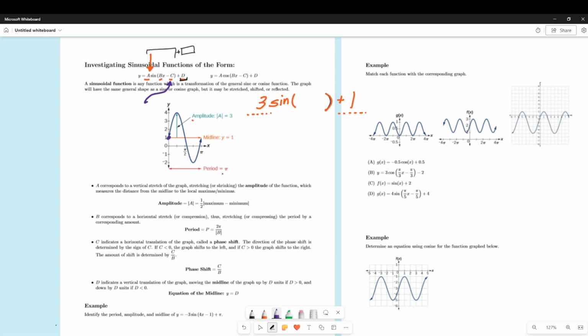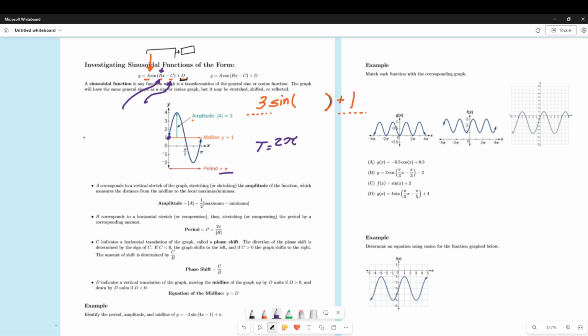But since our period is not standard, our period isn't our standard 2 pi, we do have some b value that's affecting our period. So since normally our period would be 2 pi, this coefficient of the variable inside your function is going to cause a compression factor.